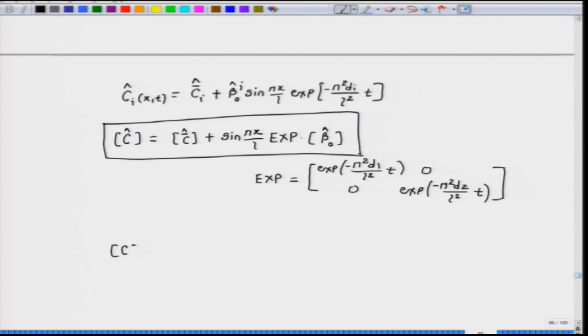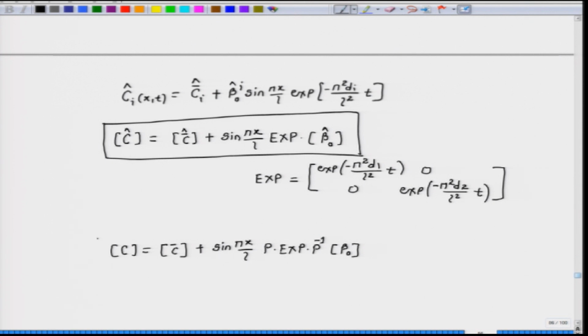So, we get C equal to C bar plus sin pi x by L times, again this would be P times exp, but if we insert P inverse times P in between, we get P times beta 0 cap, which should be equal to the matrix of beta 0. So, P times the matrix exp times P inverse times the matrix of beta 0.